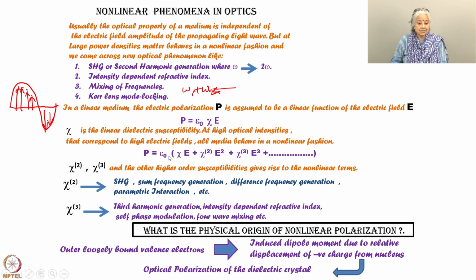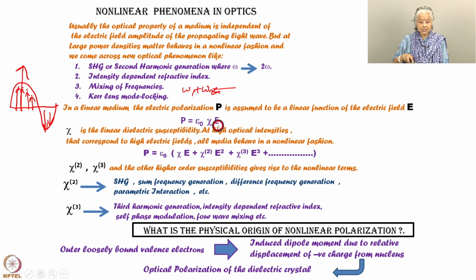But at high optical intensities that correspond to high electric fields, okay, your electric field becomes larger and larger as you go to higher intensities. The amplitude of the electric field associated with that particular frequency or with that particular wave of light becomes more and more. Once that amplitude becomes more, P no longer remains linear. There has to be some nonlinear effect in it. So, P becomes epsilon 0 chi E, plus more.